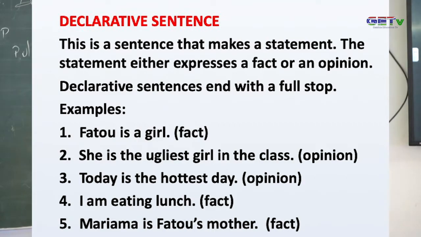To you, she might be the ugliest. To me, she's the most beautiful. So it ends with a full stop. Number 3, today is the hottest day. That's your feeling. It's an opinion. All right? So it ends with a full stop.